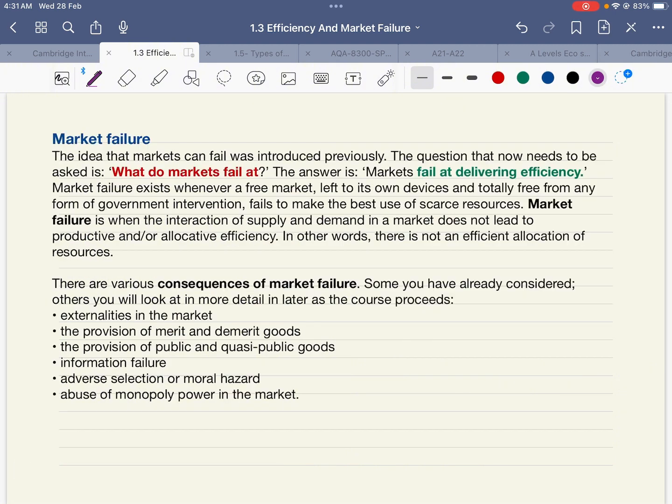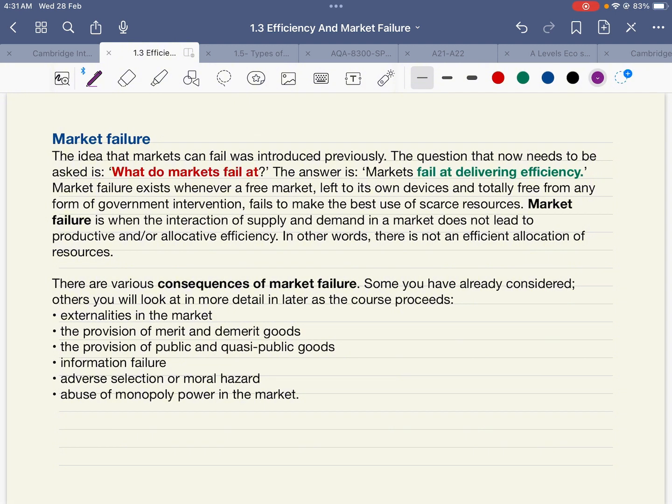However, despite firms attempting to achieve efficiency, markets do fail. What is market failure? Market failure is when markets fail to deliver efficiency. What do we mean by that?